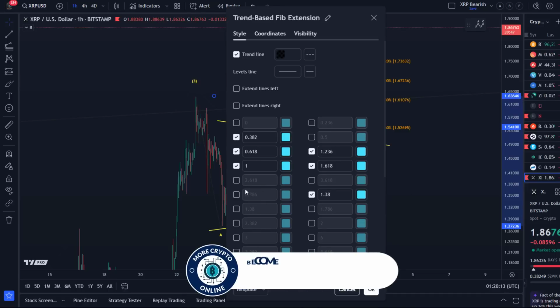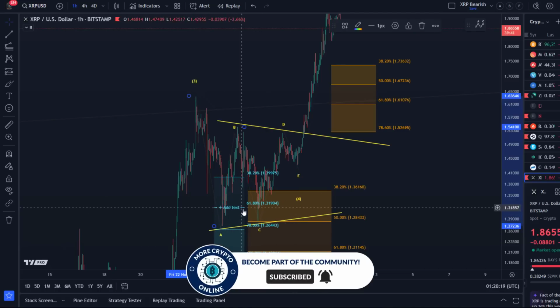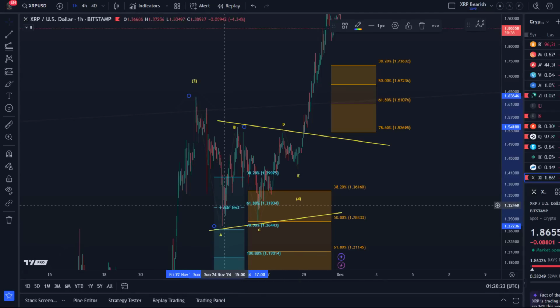I don't know where we land now, but you see it reached the area between the 61.8 and the 78.6. It's a volatile chart, but you could say it reacted pretty much to the 61.8, nearly got to the 78.6. That's all okay. I would say these three are typical targets: 38.2, 61.8, 78.6, not the 100%, normally not.